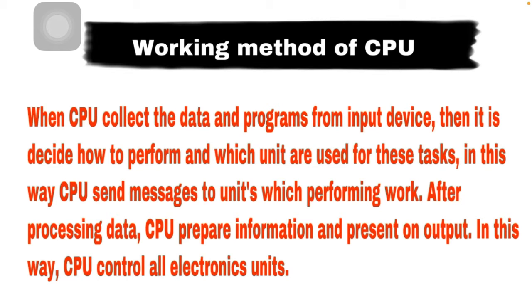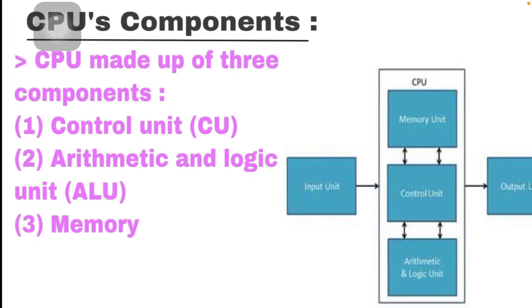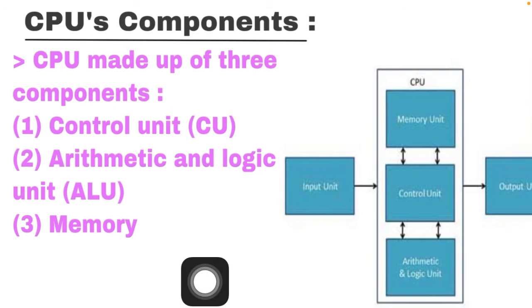After preparing the information, the control unit sends it to the output devices. That is the working method of the CPU. The most important point is that the CPU sends and receives different types of messages to different parts.